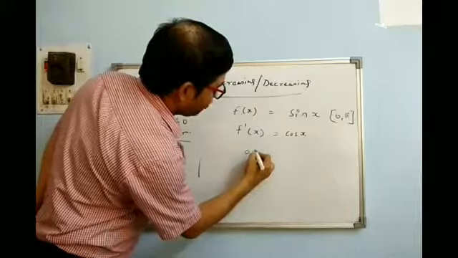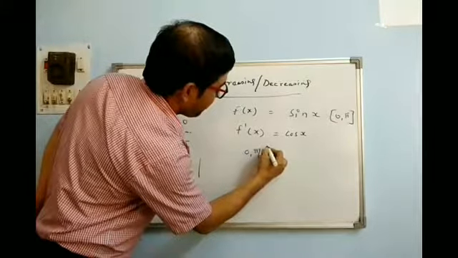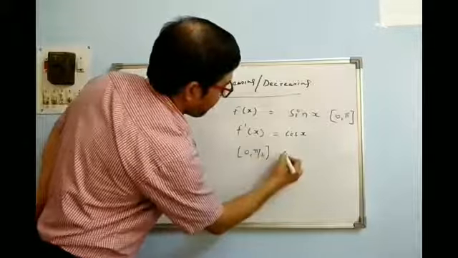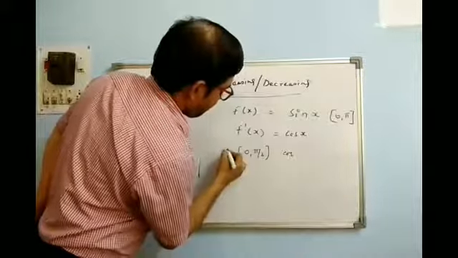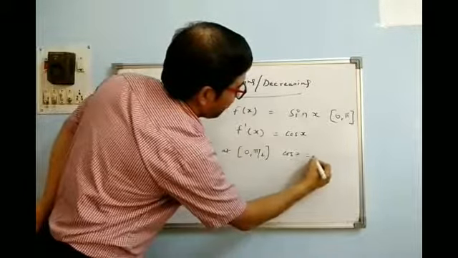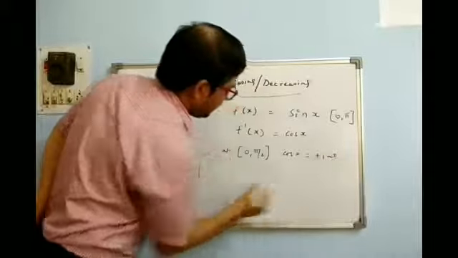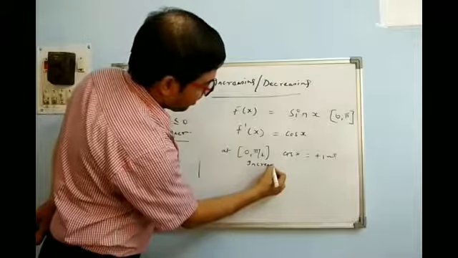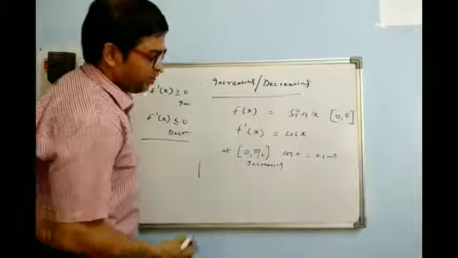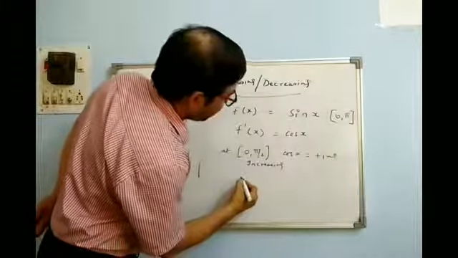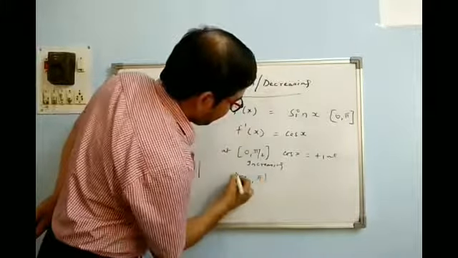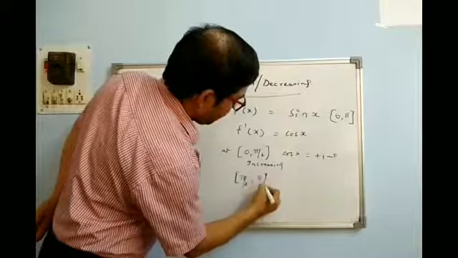That means in 0 to pi by 2, cos x is positive, so in this interval the function is increasing. And we know that in the second interval cos is negative, so in the interval pi by 2 comma pi it is decreasing.